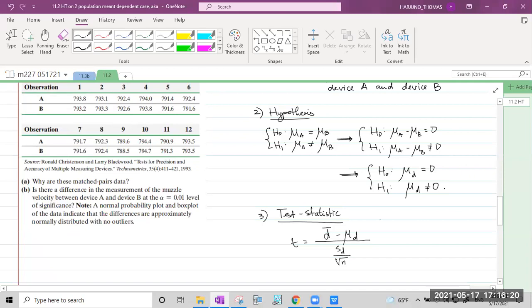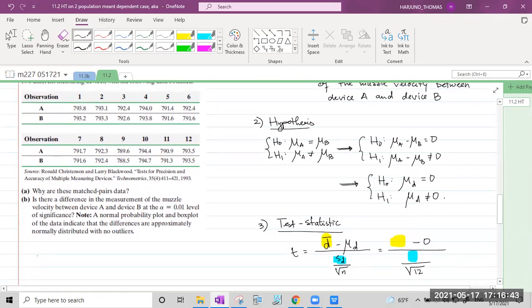Now we know n is 12. We know mu d is 0, but we still need to find out the sample mean of the differences and the sample standard deviation of the differences. Okay, now let's do that.